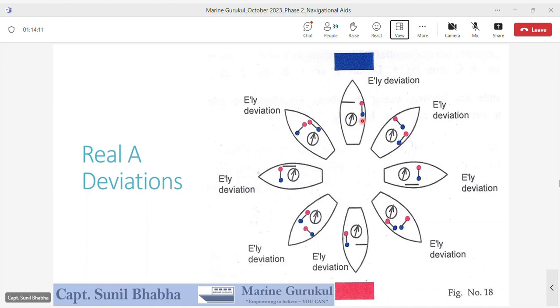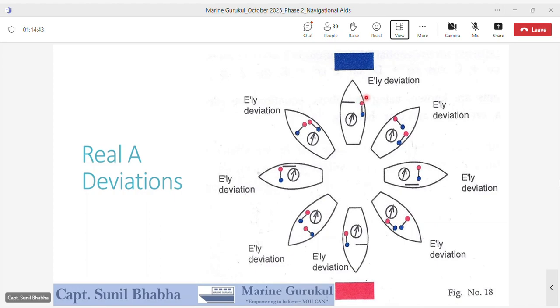And these lines of force going from south to north will be coming out from the forward end of the longitudinal. Since they are coming out of the forward end of the longitudinal, you will see that the forward end of the longitudinal acquires red polarity. So this is the reason why you see in the diagram, the aft end of the longitudinal has blue polarity and the forward end of the longitudinal has red polarity.